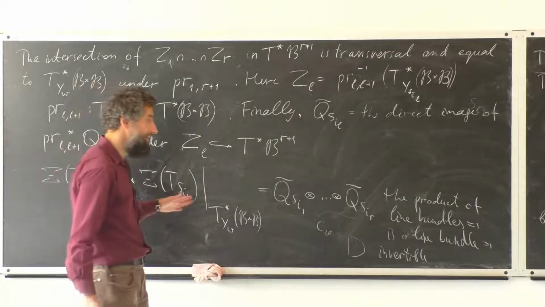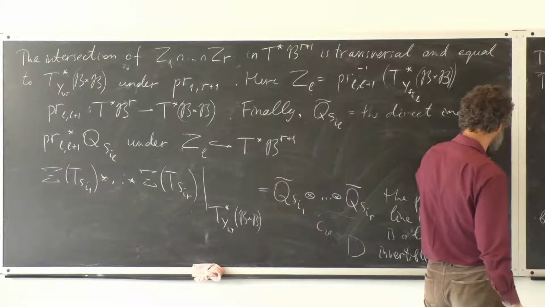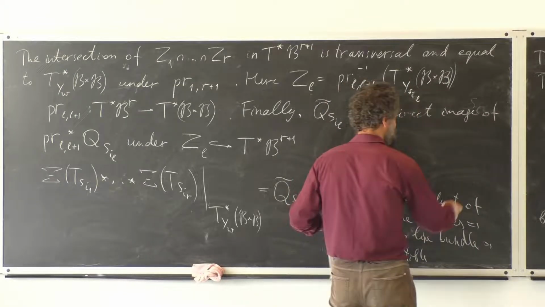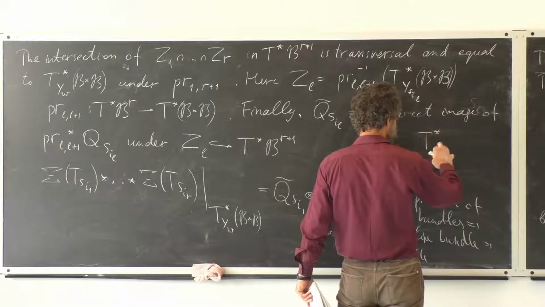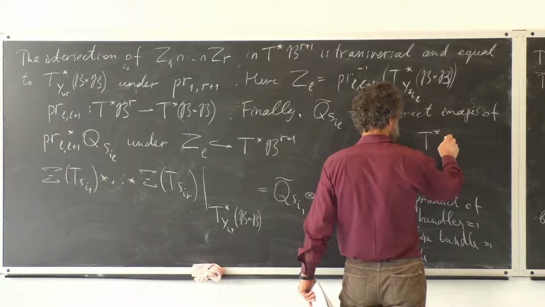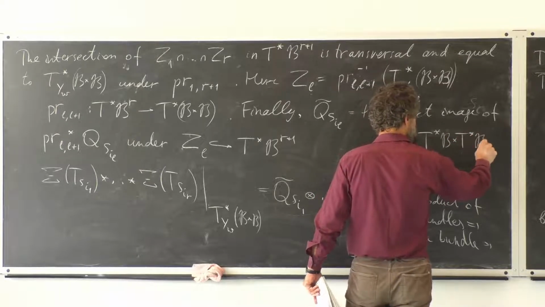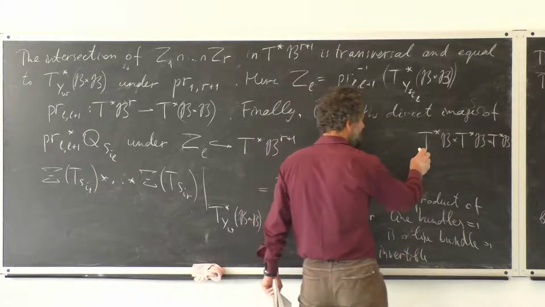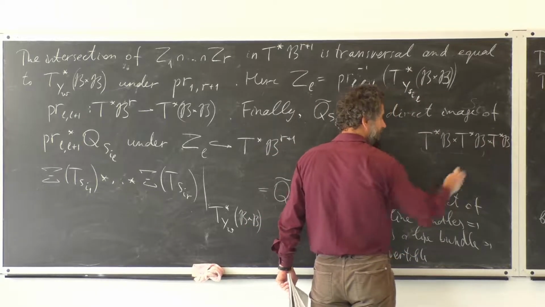So once again, the idea is that we perform some complicated operations. Let's say, when the length is 2, what do we have? We have one copy of this, another copy of this, and a third copy of this. So we have to take something in here and pull it back along the third projection.